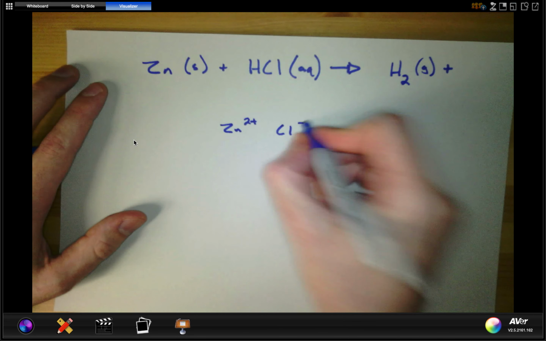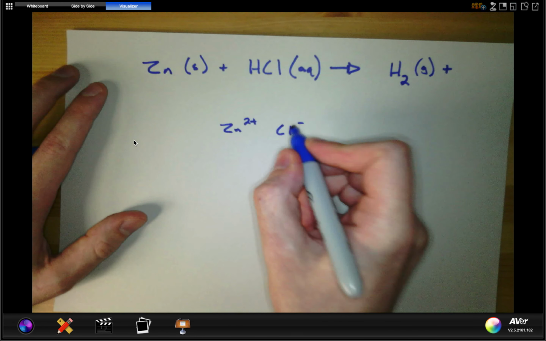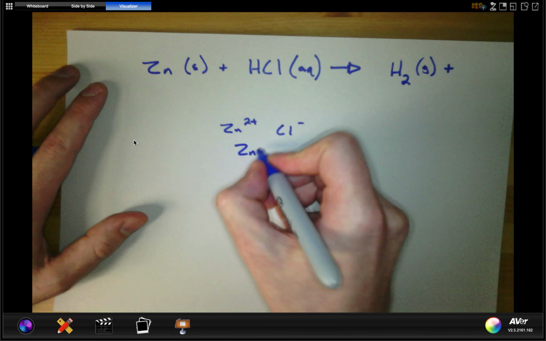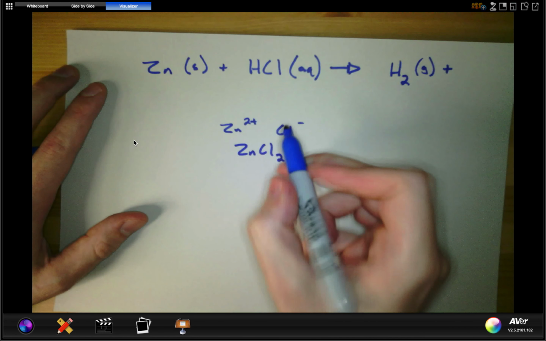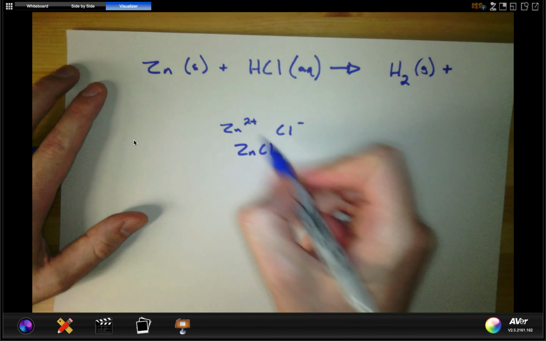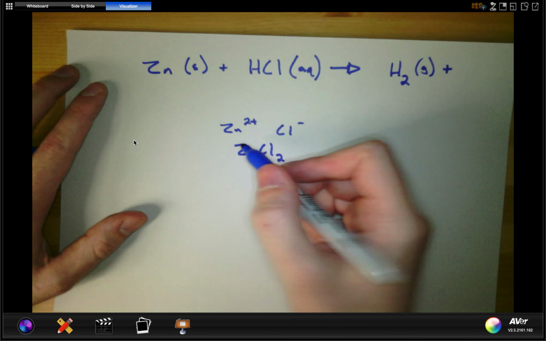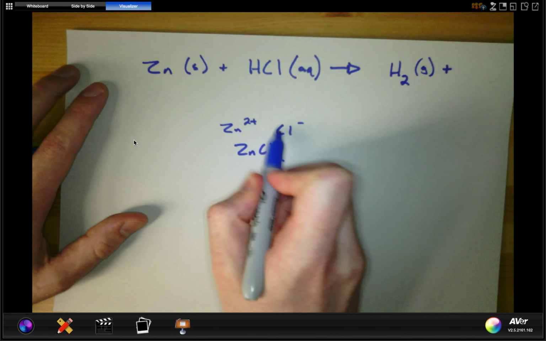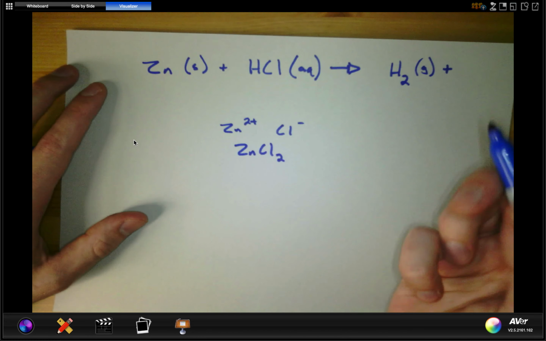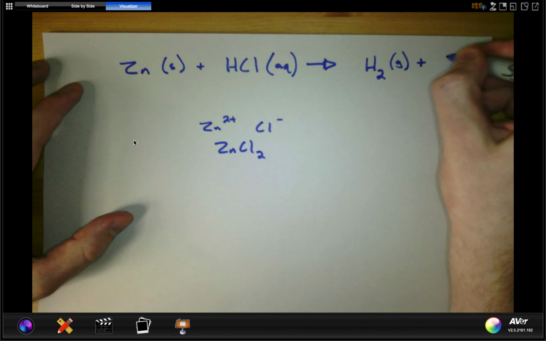Chlorine is 1 minus. If you're doing the crossover method, you get ZnCl2. That's a little bit of review there. The 1 goes down, 2 goes over. Remember, it's just about balancing the charge. So how do you balance out the 2 plus with a chlorine? Well, you need 2 of them because each of them is only 1 minus. So we get ZnCl2.